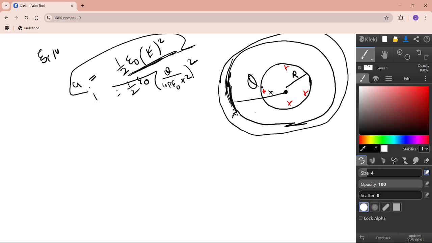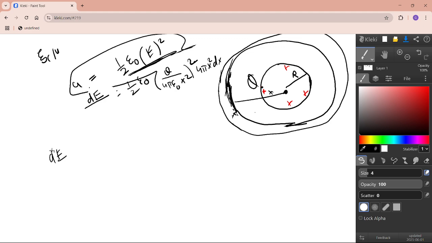So the energy is small because the volume is small. It's 4 pi x square dx. Take that as 4 pi x square dx, and of course you integrate.